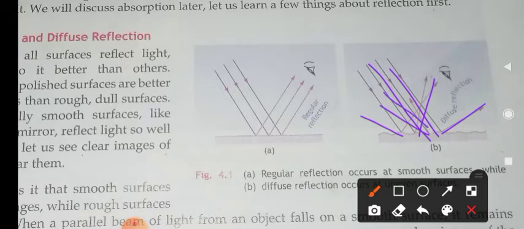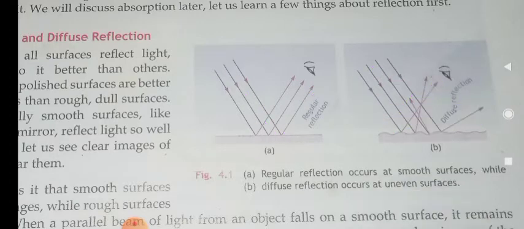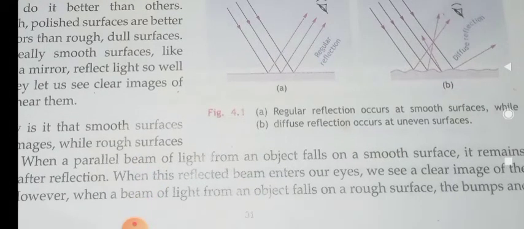Look at the regular reflection. The reflected rays are parallel to the incident ones, but here the direction is in a different way. That's why all the light rays are not reflected together, so we get a dimmed reflection there. So rough surfaces have diffuse reflection. Do you understand this, children? Hope you understood. Walls undergo this diffused reflection.